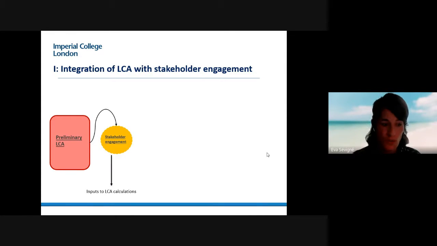The idea was to be around TRL 5 at the end of the project. And we presented this preliminary LCA to the stakeholders with the idea of getting some feedback on the LCA calculation and also on how we need to improve or conduct the LCA to represent their views in the environmental quantifications.